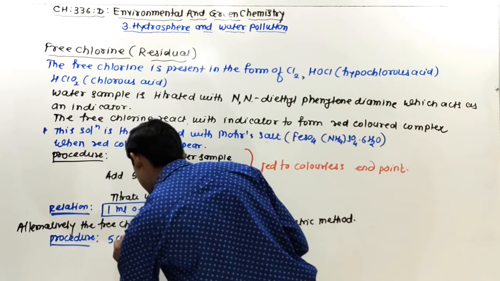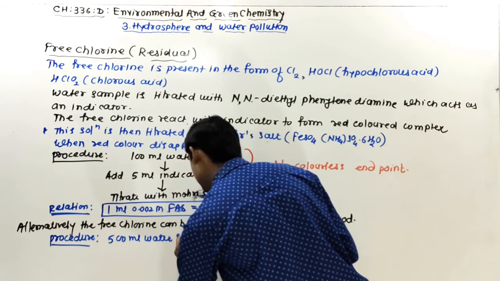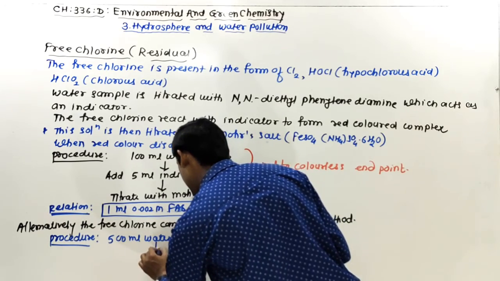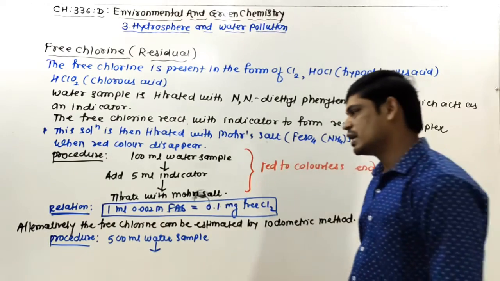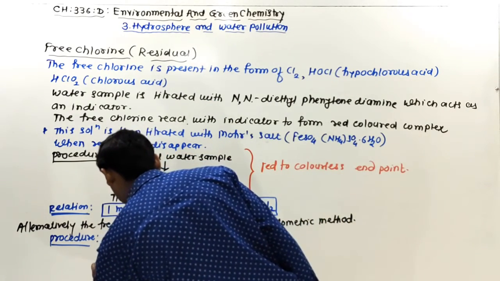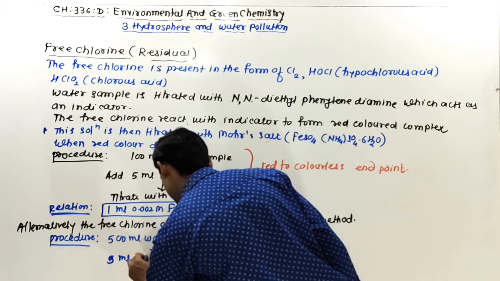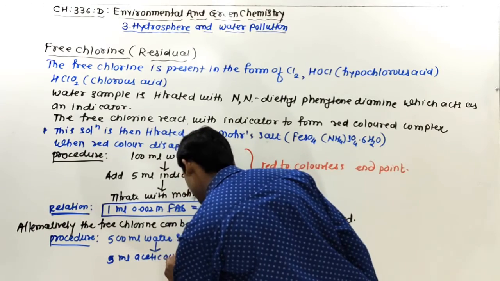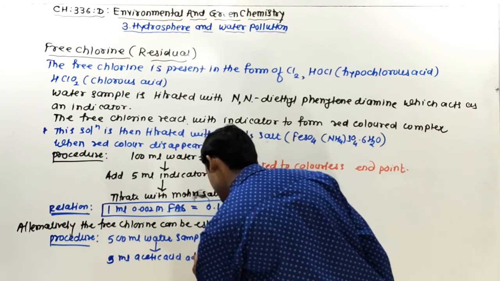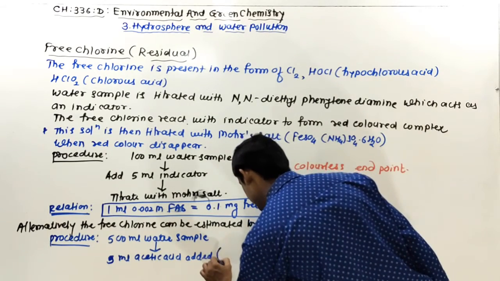Take a 500 ml water sample. Into that, add acetic acid, approximately 5 ml. The acetic acid is added to maintain the pH between 3 to 4.